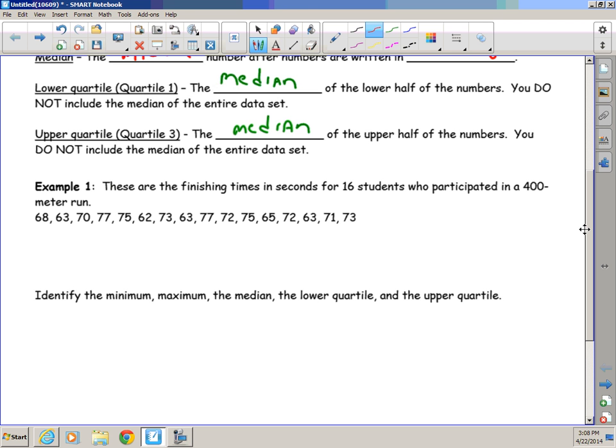So what we're going to do is we're going to take these 16 finishing times, we're going to rewrite them. Try to get as much space as I can here. In ascending order.